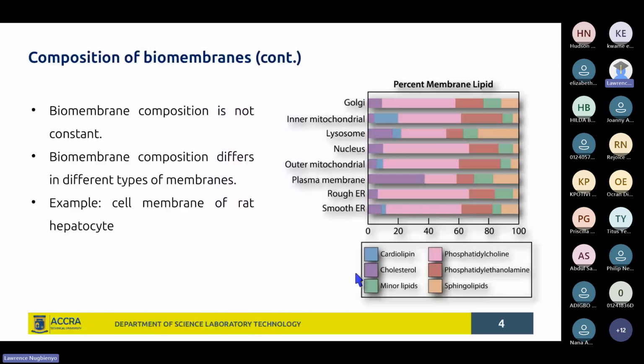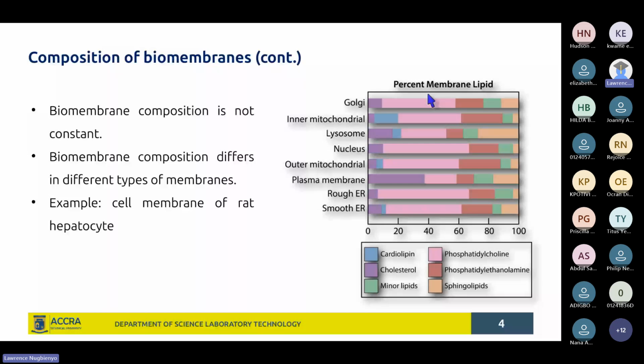So, for instance, if you take an example of a rat hepatocyte, say a liver cell of a rat, which has been studied to see the composition of its cell membrane and also the membranes of organelles in that cell. You see that you have different lipids of different percentages in the various organelles.